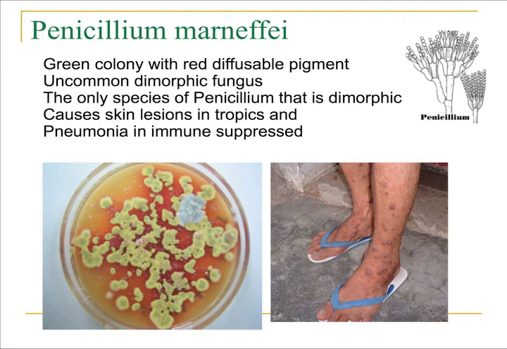It is the standard colony morphology on the lactophenol cotton blue of Penicillium. But what makes this unusual is this is the only species of Penicillium that is dimorphic. It causes skin lesions in the tropics and can cause pneumonia in immune-suppressed individuals.